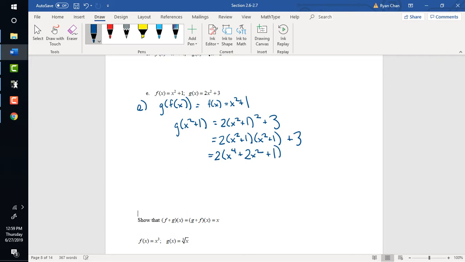Make sure you know how to FOIL this correctly. If you don't understand that, feel free to send me an email. And this is 2x to the 4th plus 4x squared plus 2 plus 3. I'm distributing my 2, and then I'm going to combine my like terms. And then that is your final answer right here.